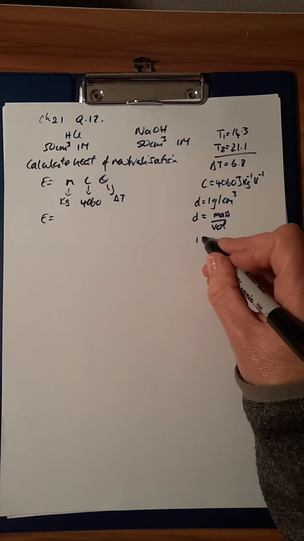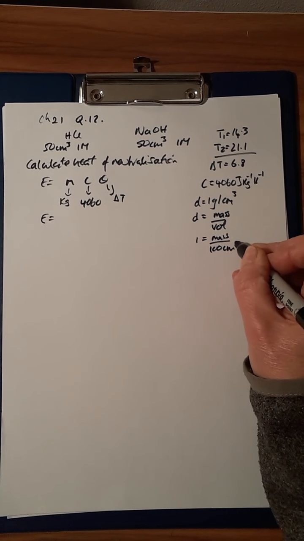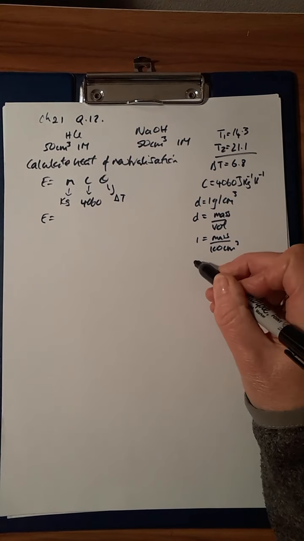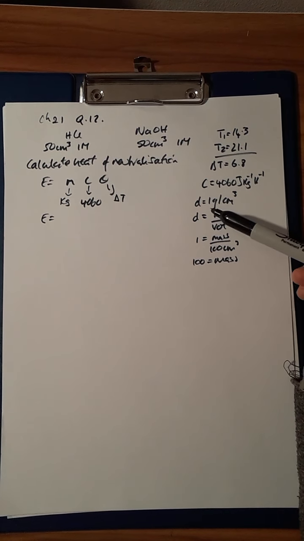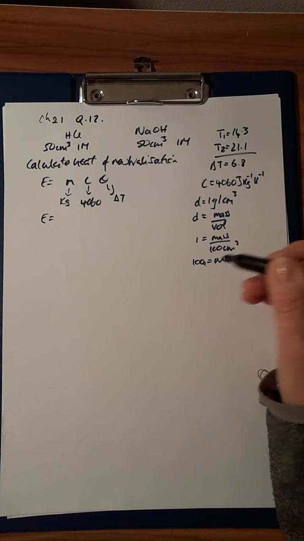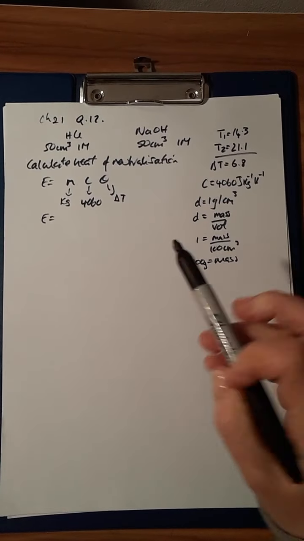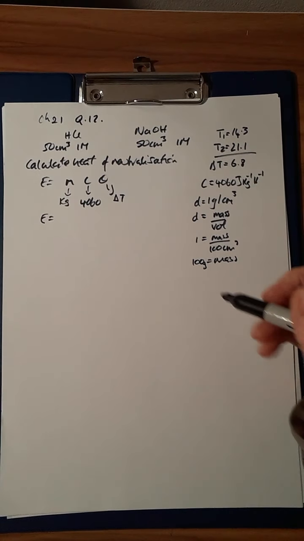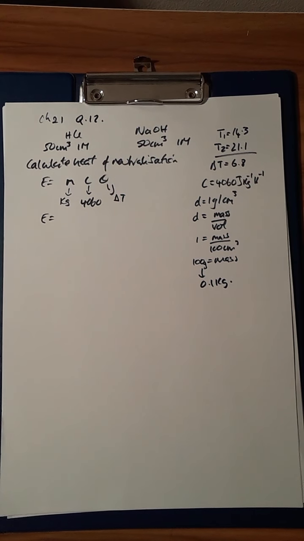So the density is 1, equal to mass over 100 centimetres cubed, and when you cross multiply, that gives you a mass of 100. And because the density was given in grams per centimetre cubed, that 100 is grams. In order to put this mass into the equation up here, you're going to have to change this to kilograms. So this is 0.1 kilograms.